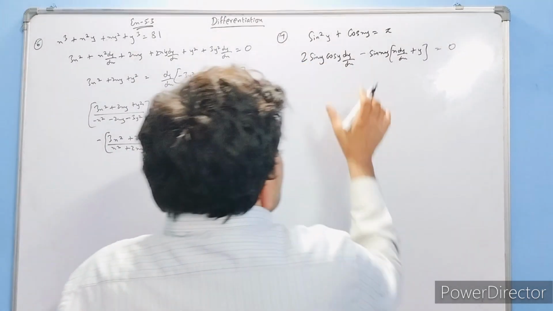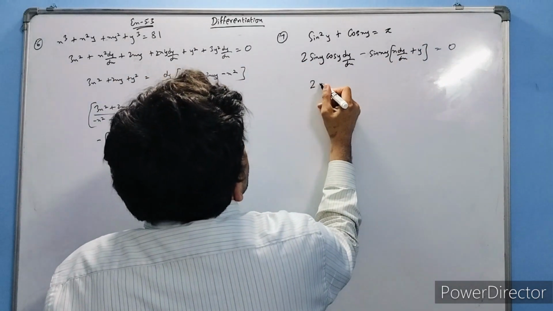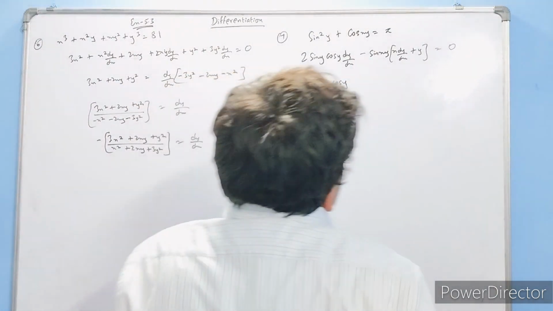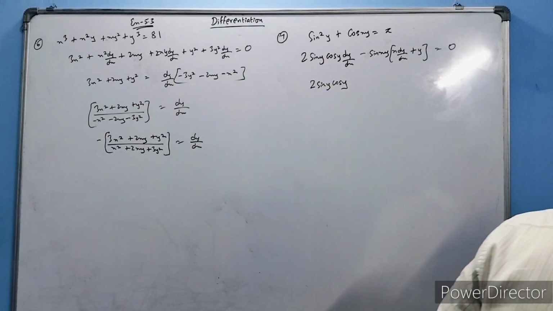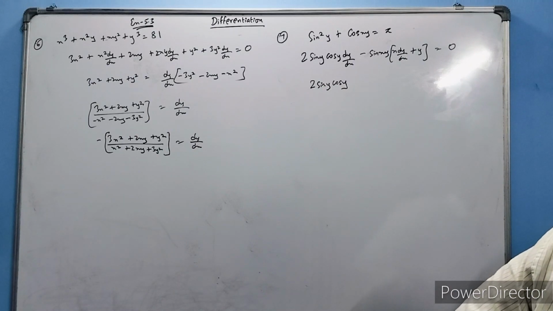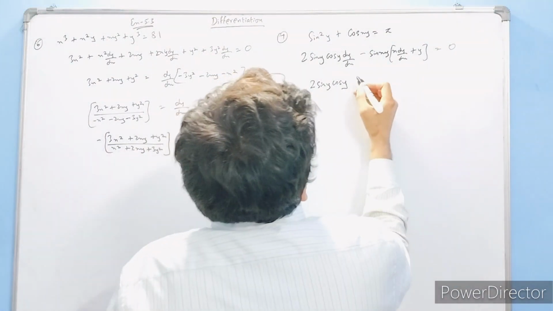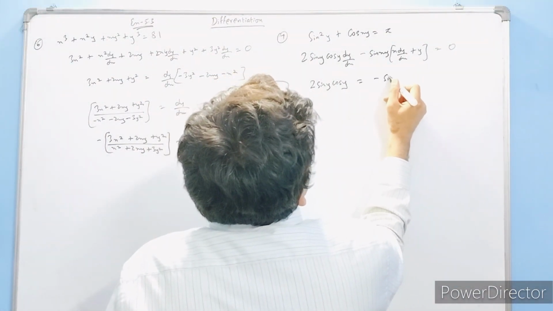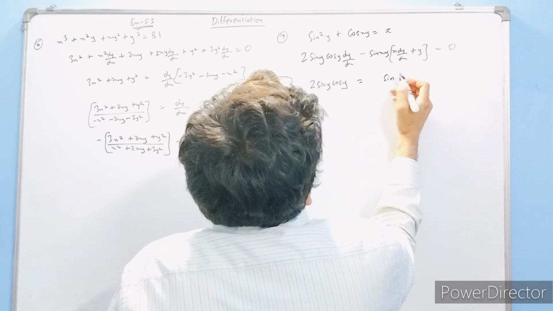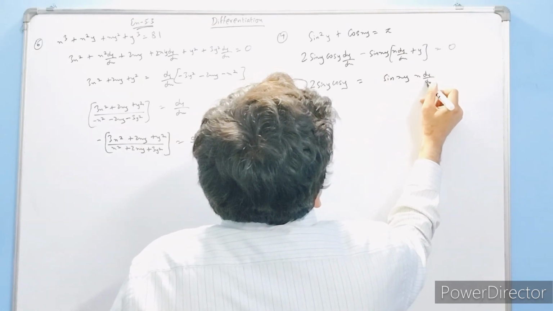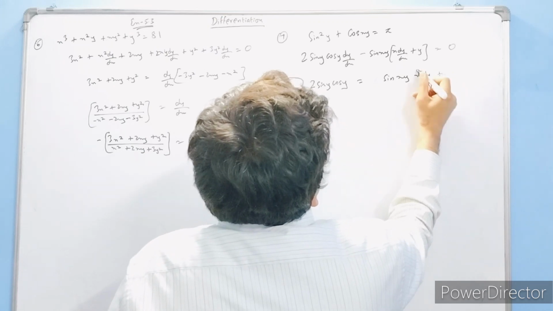Okay, so what will happen? We'll take that side, so we'll have 2 sin y cos y dy upon dx. We have sin square y plus cos xy is equal to k, so we have 0 at the right. So we'll take that side, minus, it will be plus sin xy times x dy upon dx plus y.